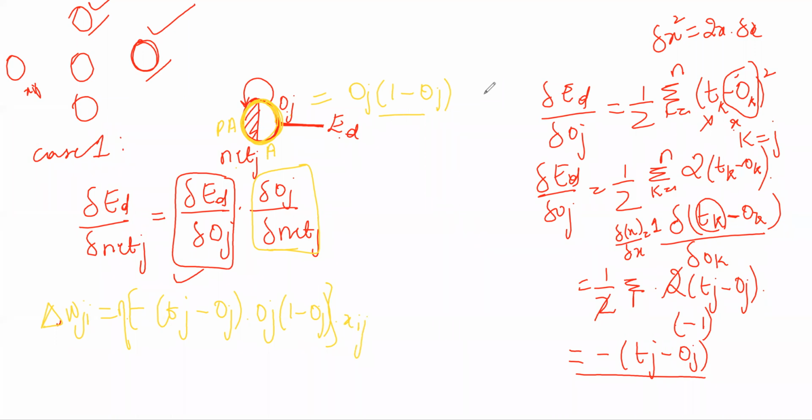Did you get to know how I wrote this? Because I know this is my value, right? What is delta Wji? Delta Wji is basically the learning rate into (target minus output) into Xij, right?